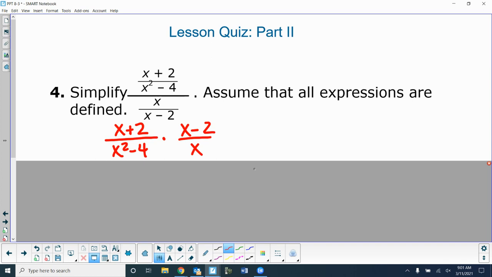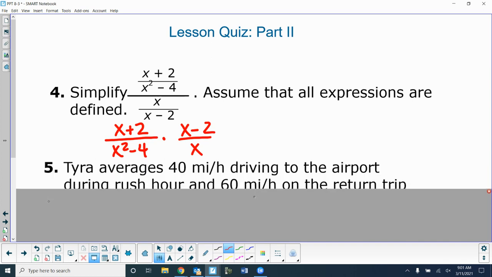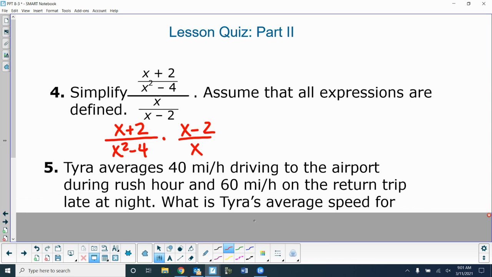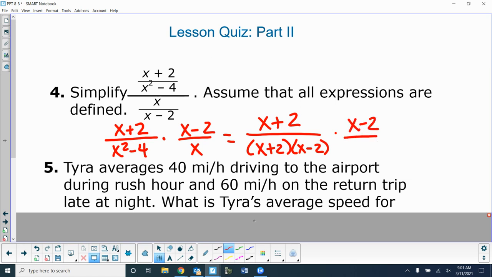Is there anything that I can factor? Yeah. So I got x plus 2 over x plus 2 times x minus 2 times x minus 2 over x. This I factored as a difference of squares. It's division, but we changed it to what? Multiplying by the reciprocal, right? So that's what I changed it.